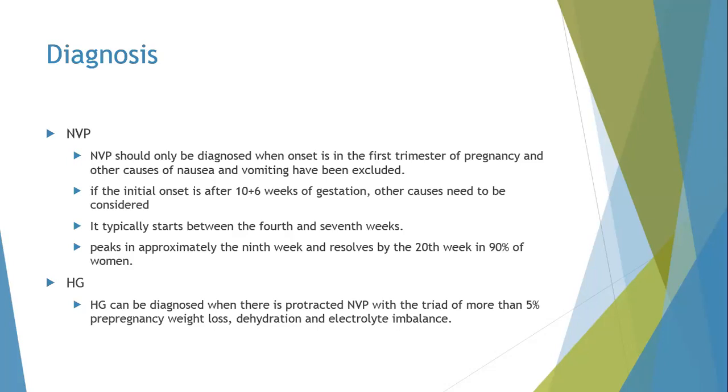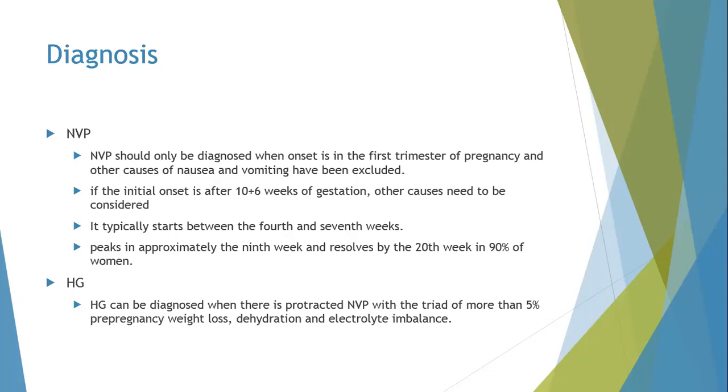So to define it as nausea and vomiting of pregnancy, it must be before 10 plus 6 weeks. It typically starts between the 4th and the 7th week, and it comes to a peak at approximately 9 weeks. Then it resolves by 20 weeks in 90% of cases, but in some women it may continue after 20 weeks.